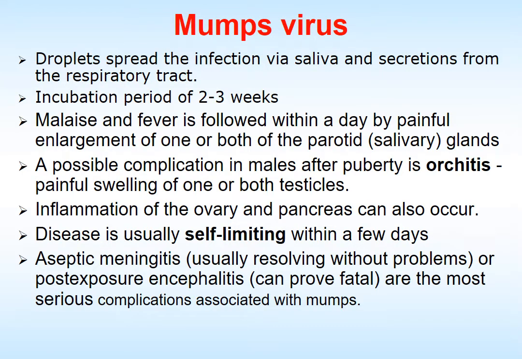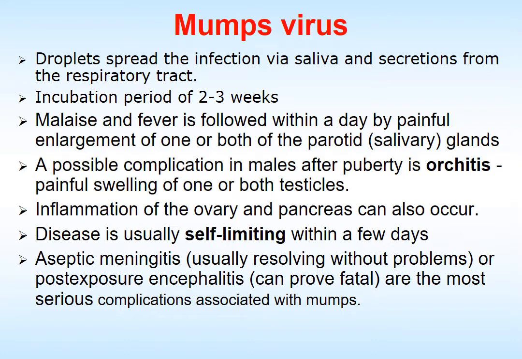Mumps virus pathogenesis and epidemiology. Droplets spread the infection via saliva and secretion from the respiratory tract. Incubation period is from 2 to 3 weeks. Malaise and fever are followed within a day by painful enlargement of one or both salivary glands.